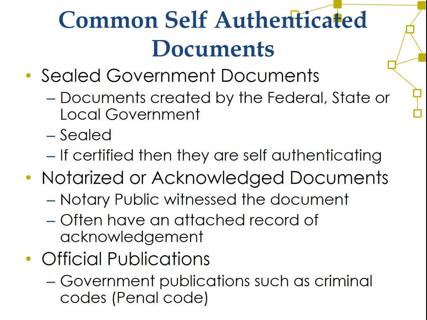Well, official publications. Official government publications are self-authenticating, and these documents include the officially published codes and case reporter. Now, in many states, there is more than one publisher selling copies of the state's code or codes.